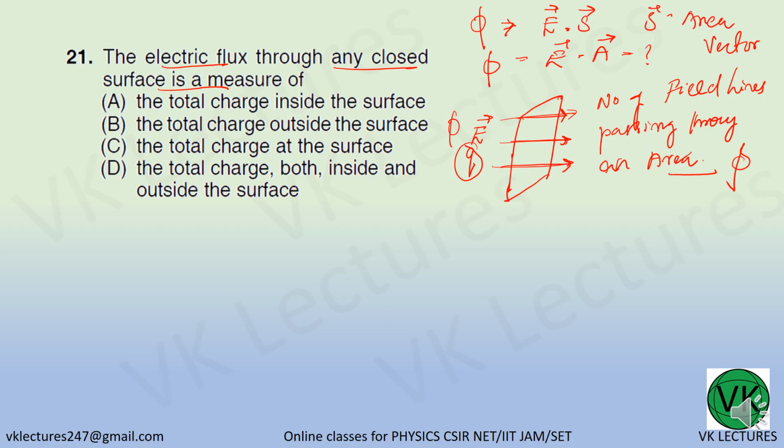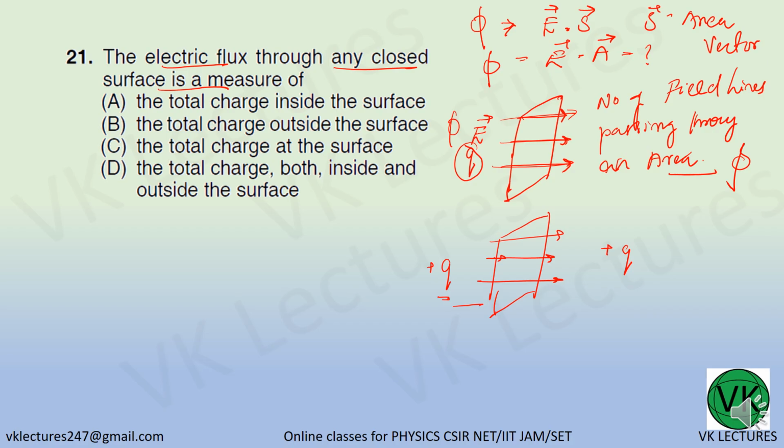Now suppose we have an area and I have placed one positive charge Q here. So there are electric field lines passing through this area. Now what I am doing is I am placing another charge plus Q at some other distance, not the same distance as this.